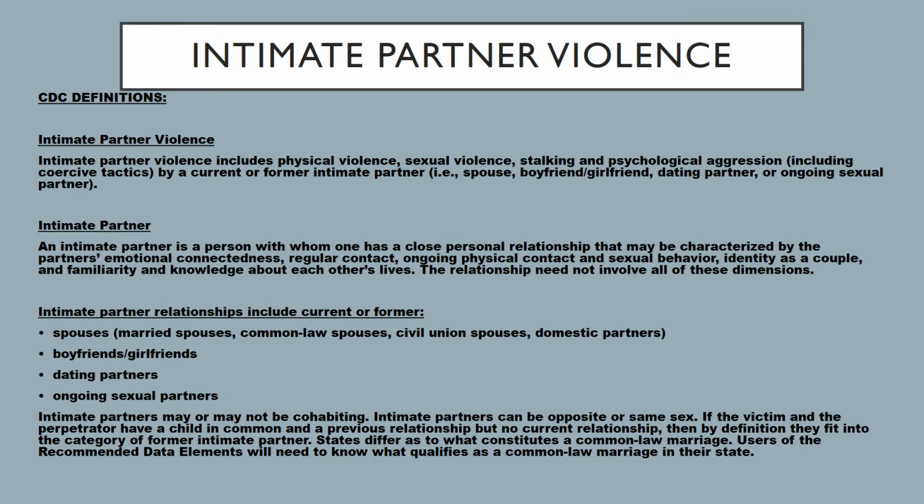The takeaway from all this is even though the CDC is trying to give us a standardized definition of intimate partner violence and all the pieces of it, you can still see there's quite a bit of complexity. So if somebody ever says, how do you define intimate partner violence? Good luck. You've got to try to find a way to boil it down and summarize it, but always with that mindset that we're still learning and the definitions may change as we get a better knowledge of this particular field of study.